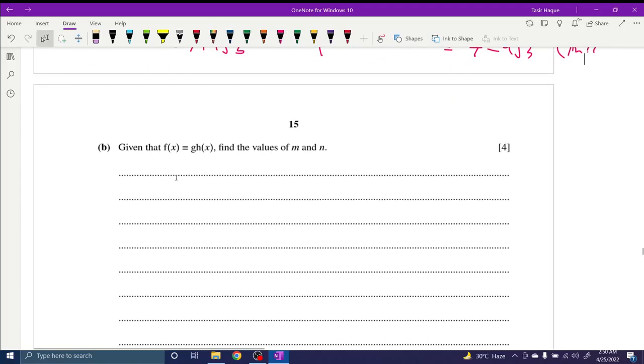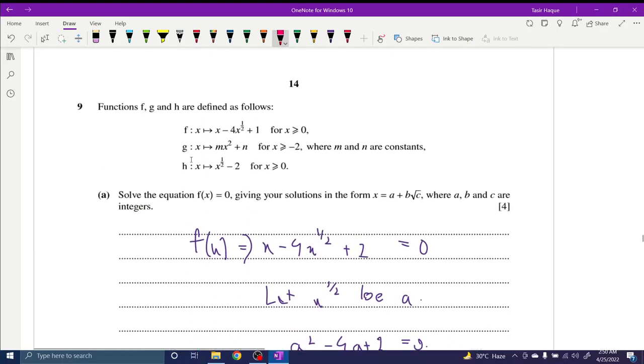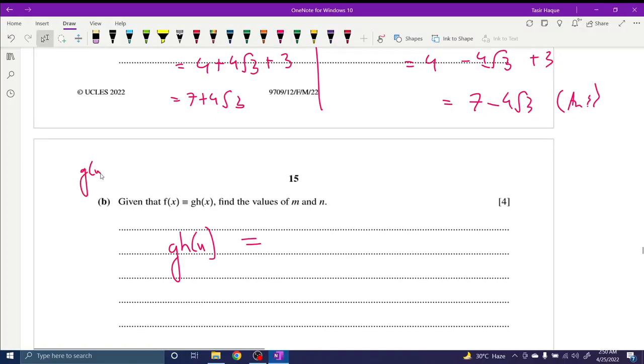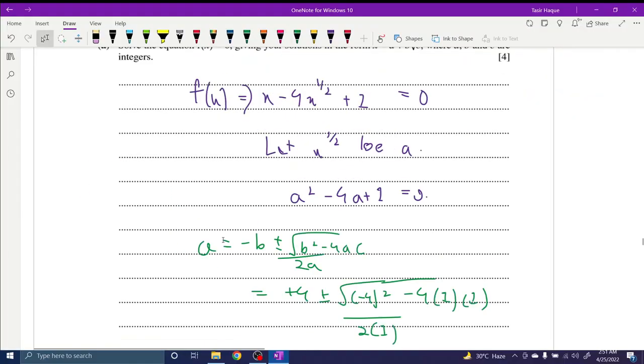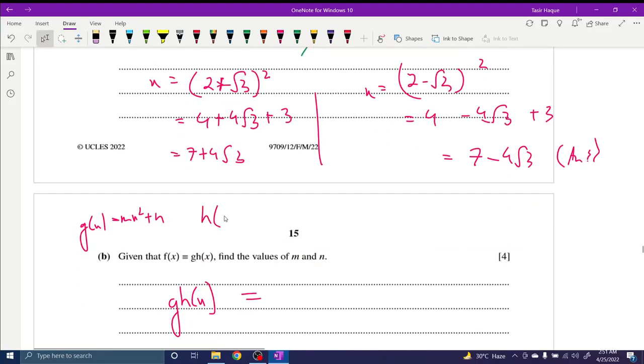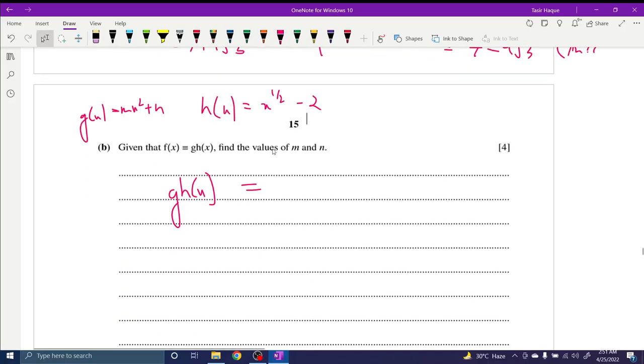Remember that. Given that f(x) is the same as gh(x), find the values of m and n. Okay, so let's find gh(x) first, this composite function. h has been inserted into g. g(x) was mx squared plus n. h(x) is x to the power half minus 2. So we are inserting h into g.